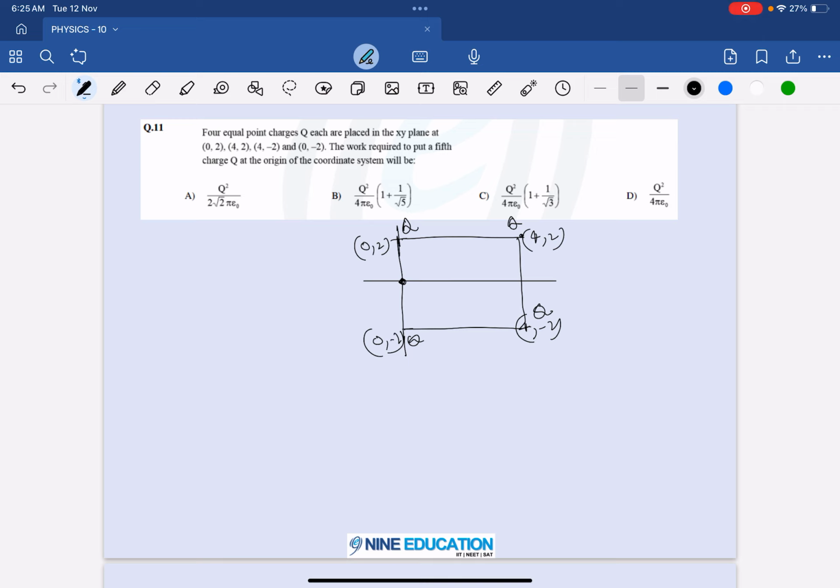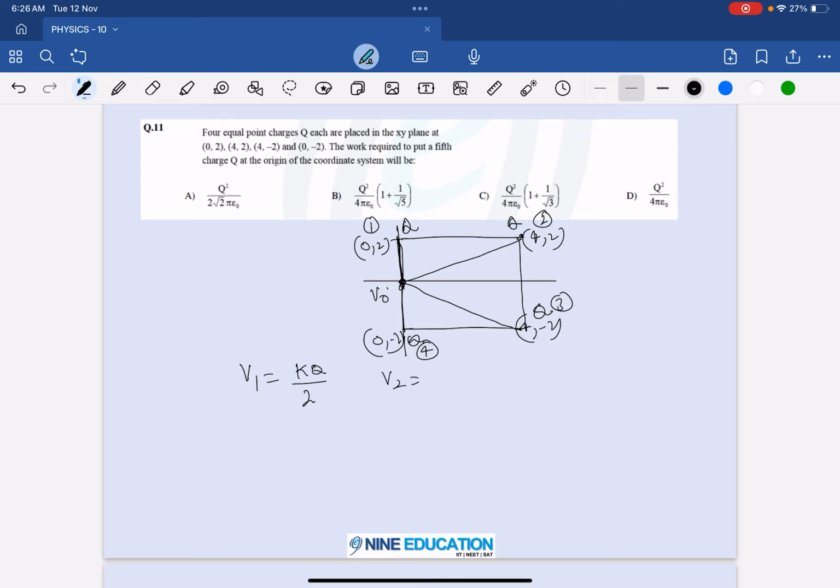So the best way to do this is, sir, let's calculate the potential at this point so that we know the potential at the origin, and the work done is basically the potential at the origin multiplied by the charge. So what is the potential here, sir? Potential is going to become the potential due to the first, let's number them, 1 2 3 4, correct? So potential due to 1, how much would it be? kq by r. So what is the r here? It is going to become 2. Yes or no? And then what is V2?